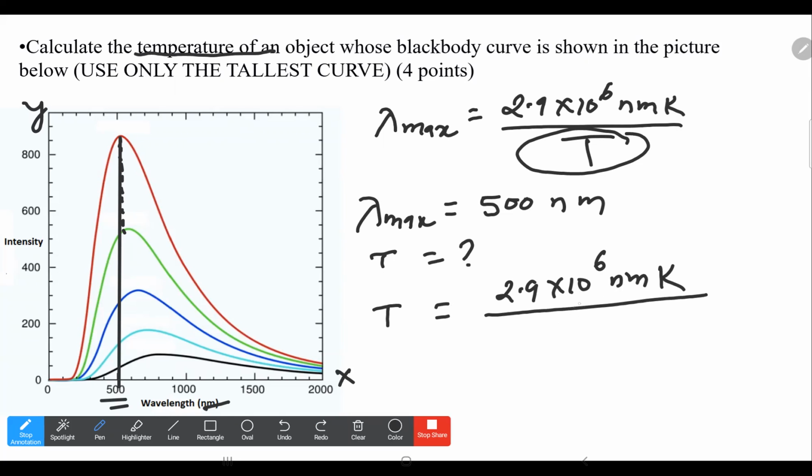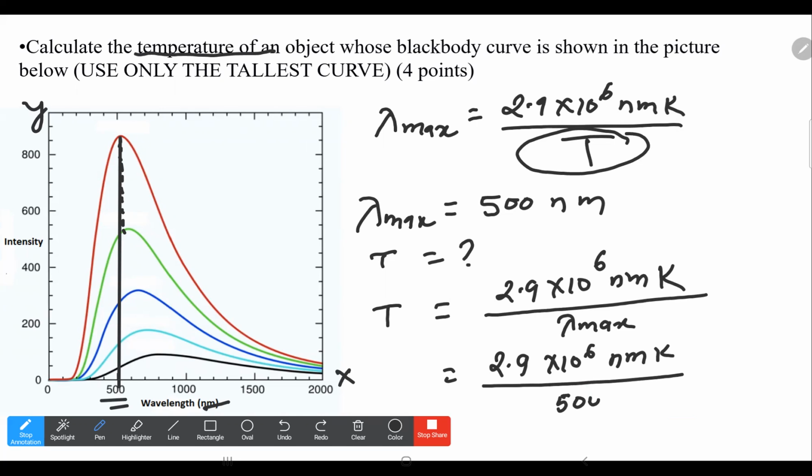If I insert these values, 2.9 into 10 to the power 6 nanometer Kelvin divided by lambda max, which is right now 500 nanometer. Nanometer and nanometer can be cancelled, and these two zeros again I can cancel.